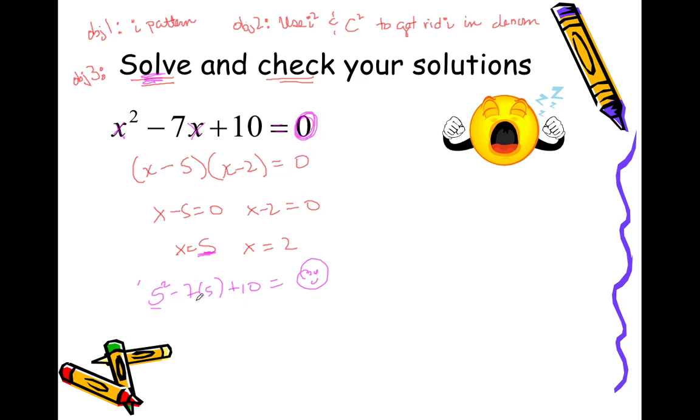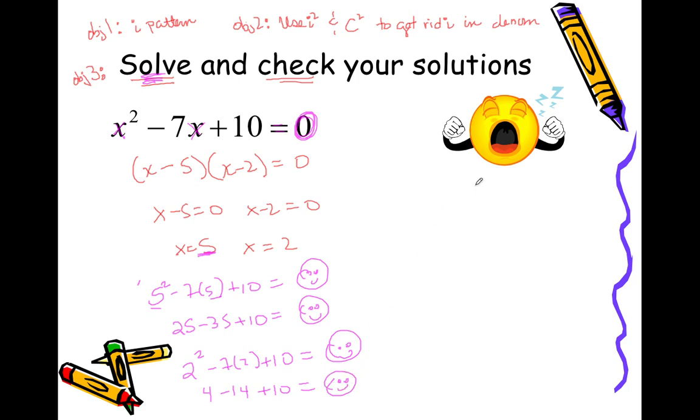So when I put 5 in for x, I got 25 minus 35 plus 10, which does in fact equal 0. Guess what happens when you put 2 in? Square it. Minus 7 times 2 plus 10. Shock of all shocks, what are you going to get? 4 minus 14 plus 10 is in fact 0. Duh.